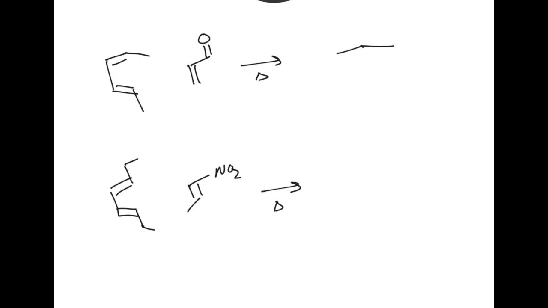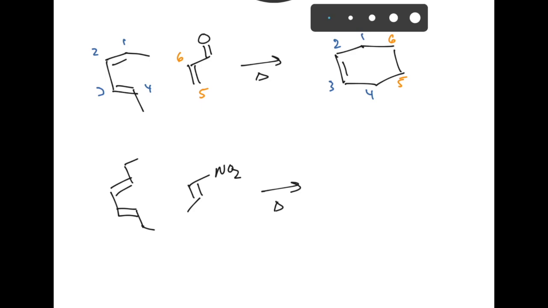So again, we're doing a Diels Alder reaction, so we know this is our product. So we have the groups on 1 and 4. Are they on the same side or on opposite sides? Opposite.